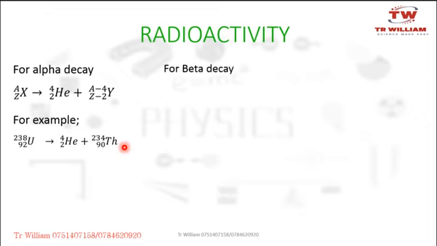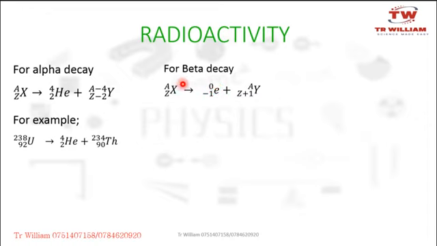When we look at beta decay, if an atom is undergoing a beta decay, it is going to lose an electron. Remember, an electron has a mass number of 0.